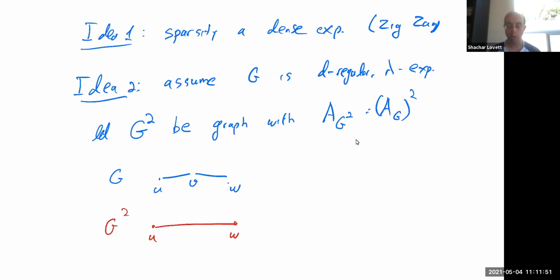So what can we say about G squared? First of all, if G was D-regular, what's going to be the degree of G squared? In G, every node has D options of going to a neighbor, and G squared is formed by taking 2 steps. What's going to be its degree?